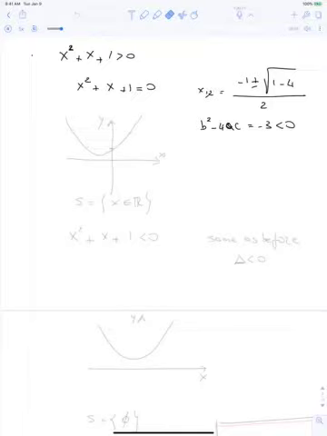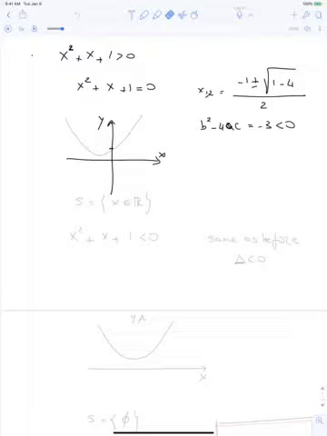So it means that there are no intersections. So this parabola is either all above the x-axis or it's all below. Well, if you just plug in a number, you're going to find out that this is always above the x-axis, because in 0 you get 1, in 1 you get 3.